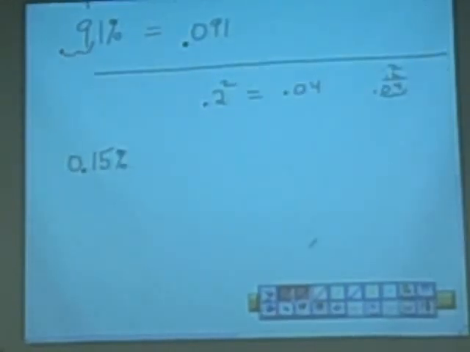So, when we change this from a percent to a decimal, we still have to move that decimal point 2 places. So in reality, this is actually going to be 0.0015. Okay? So no matter what the number is, if it's a percent and you're changing it to a decimal, you always have to move that 2 places to the left.